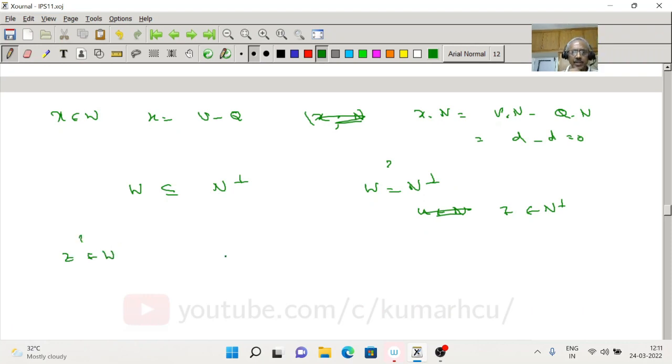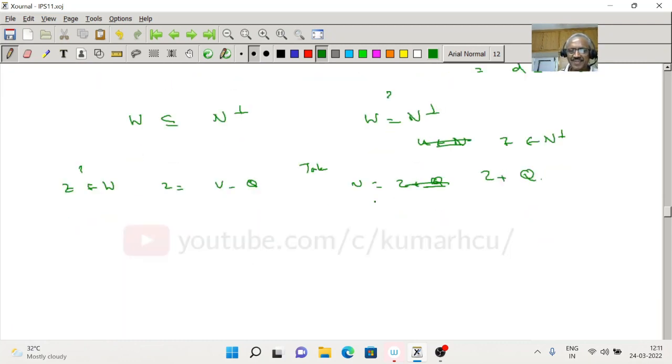If z is in w, what do I have to prove? Any element of w is of the form v minus q. Therefore z must be of the form v minus q. Therefore what should be my v? I can take v to be z plus q, the vector, right?